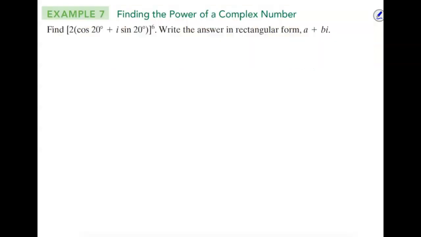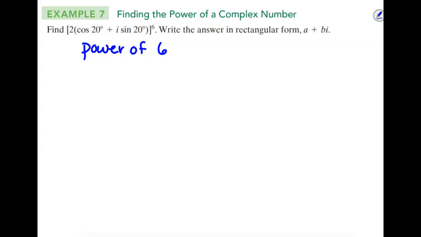So here's our example 7. We want to find out what this complex number is as a power of 6, so multiplying it 6 times. So we're going to use our formula.